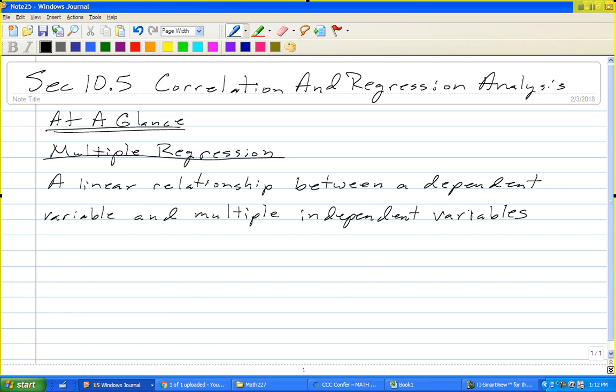Let's say x1, x2, to xk. And so the general form would be y equals b0 plus b1 x1 plus through bk xk.